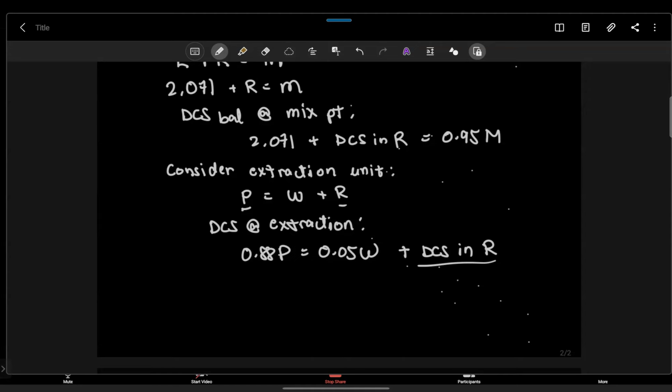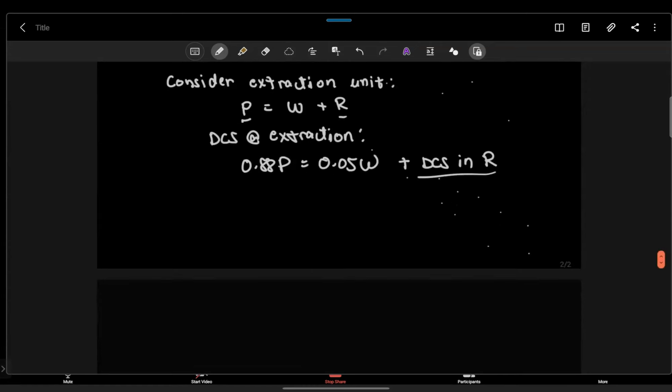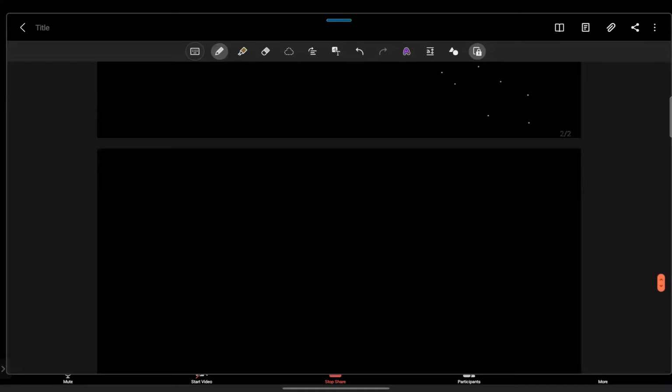Yung mixing tank kayang i-consider natin. Consider the mixing tank. Okay, so ano ba yung nandun sa mixing tank?